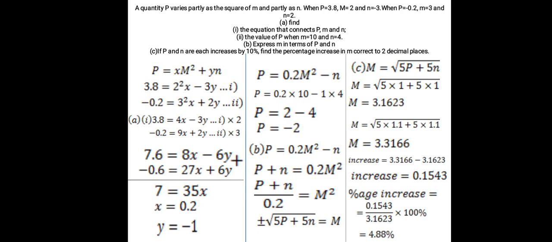C. If P and n are each increased by 10%, find the percentage increase in m correct to 2 decimal places. The percentage increase in m is 4.88%.